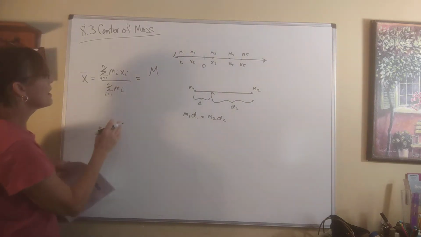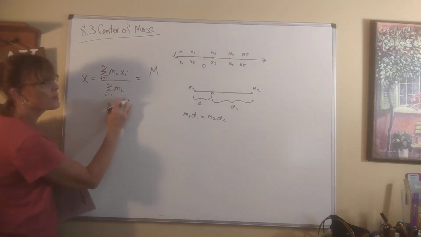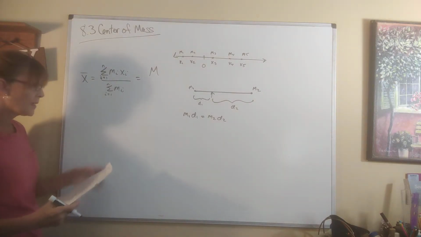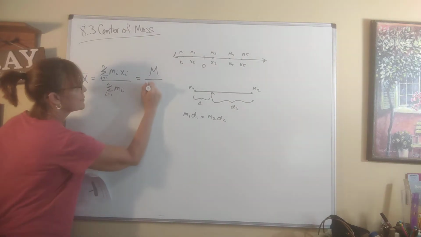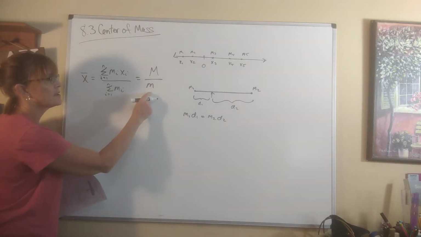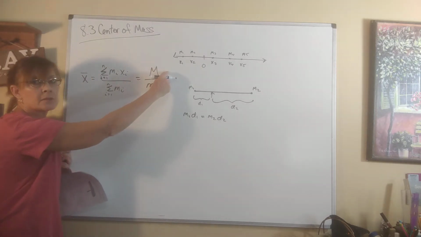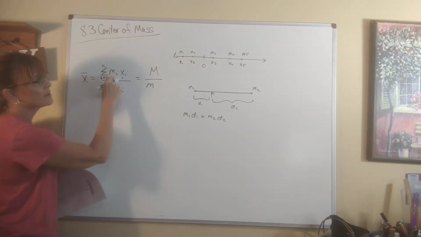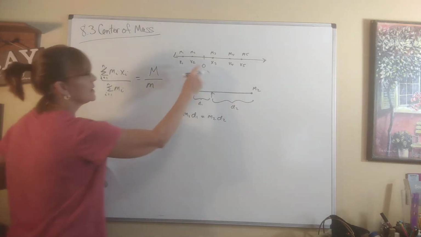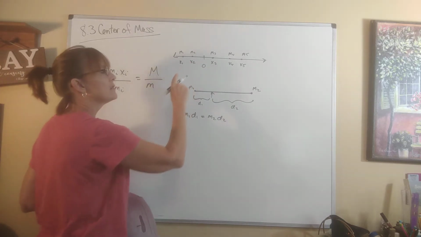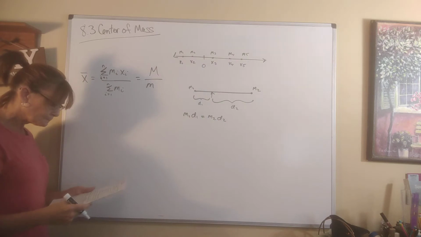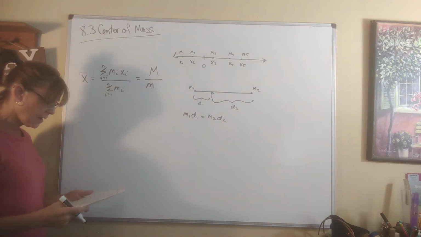The sum of all the masses is called the total mass of the system, and that's given by M. So M1 times X1 is an individual moment, M2 times X2 is another individual moment, each a tendency to make it rotate.